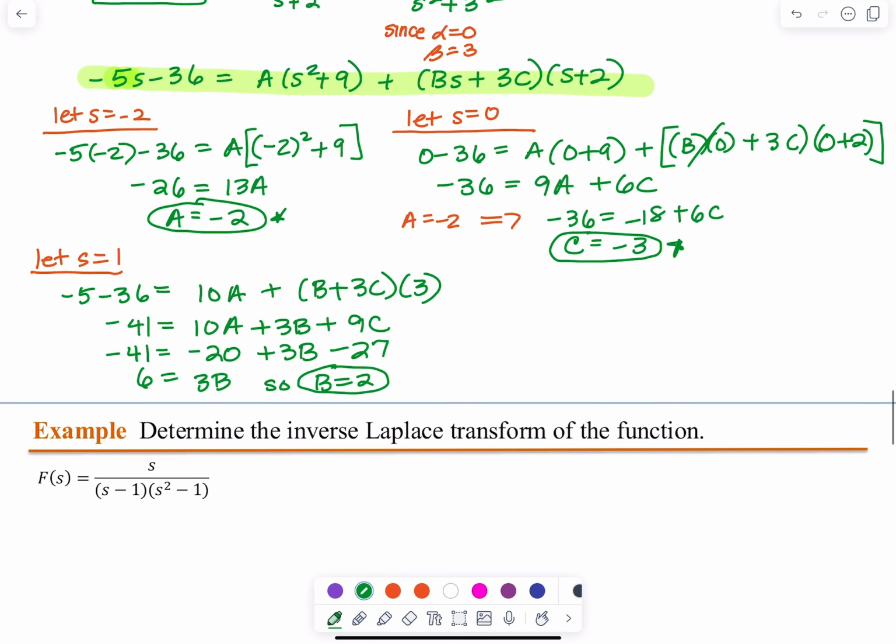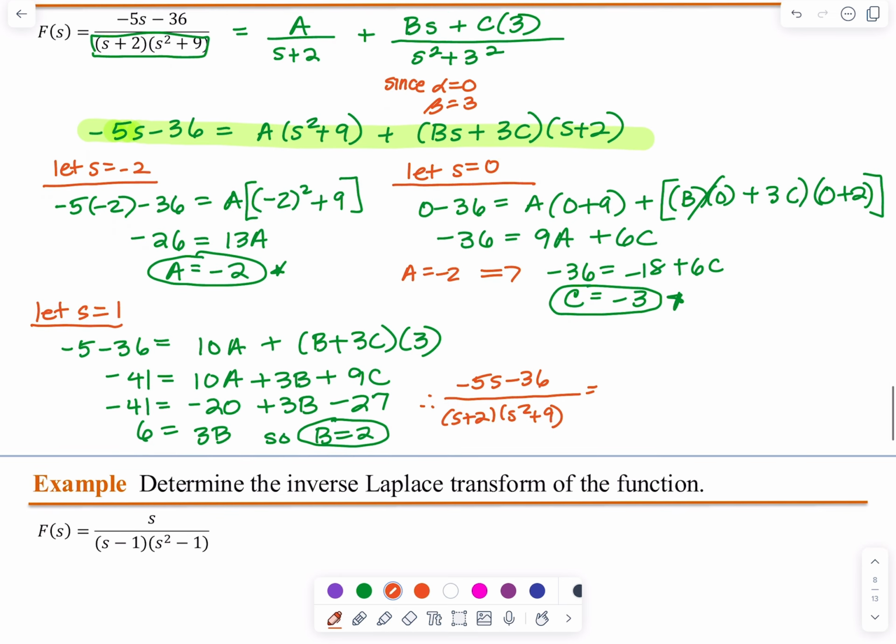So we can say that negative 5s minus 36 all over s plus 2 multiplied by s squared plus 9 is equal to, and we have a negative 2 for a, and you see that we have that right there.